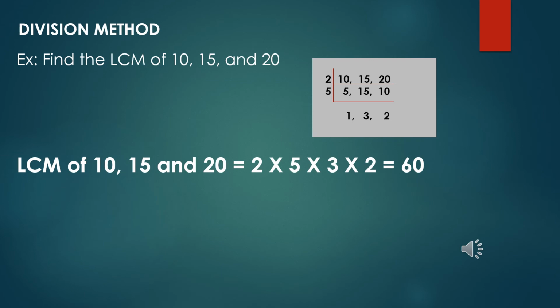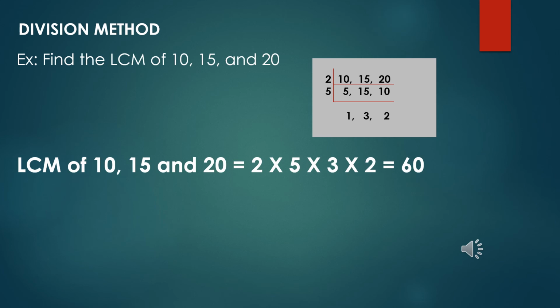Now we can study how to find the LCM of two or more numbers by the division method. First, we can write the numbers as shown in the text box. Next, divide by a prime number that divides at least two numbers exactly. Write the quotient below the number. For numbers that cannot be divided exactly, copy the number down.